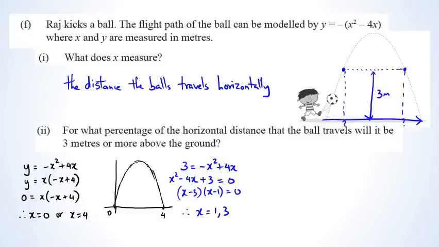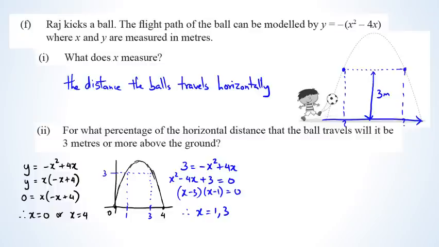What that means is when x equals 1 and when x equals 3, the ball is going to be at 3 right there. So this ball is going to be above 3 meters when the horizontal distance is between 1 and 3.